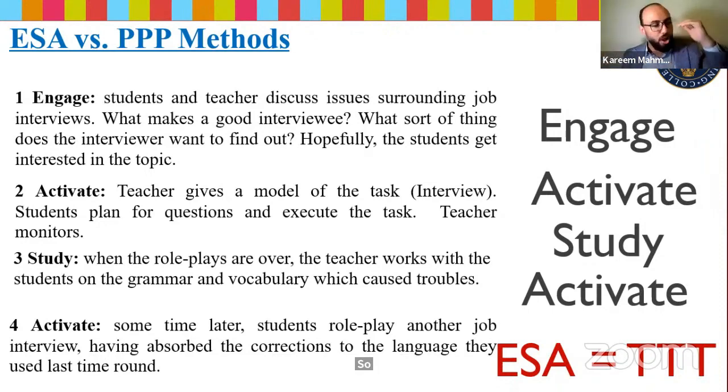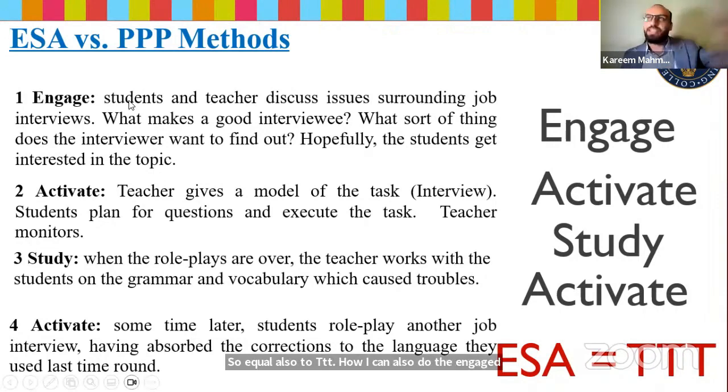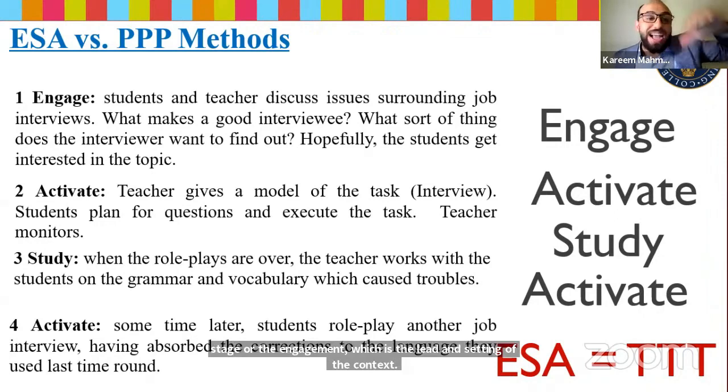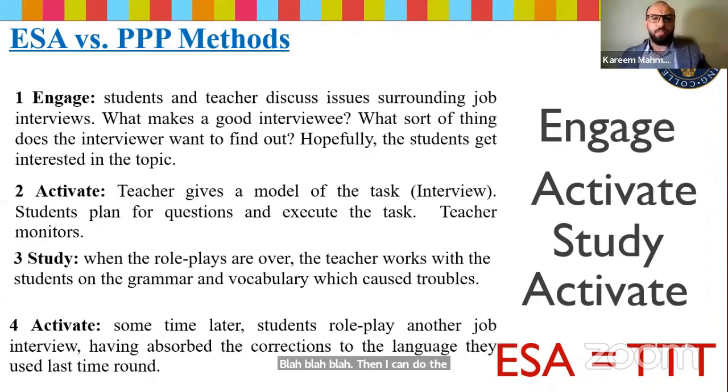How? I can also do the engage stage or the engagement, which is the lead-in, setting up the context, and so on. Then I can do the activate right away. How come? If I have, for example, a job interview lesson, and I showed them a picture or a video of an HR person or a 2-person setting that seems to be in an interview, then that could be the lead-in.